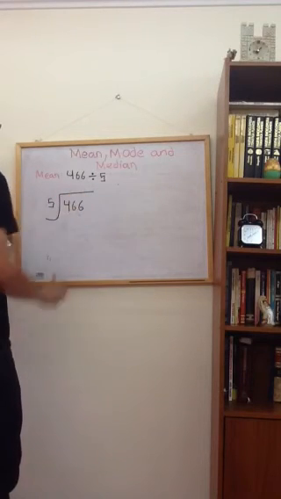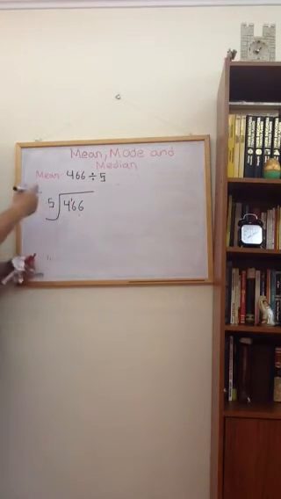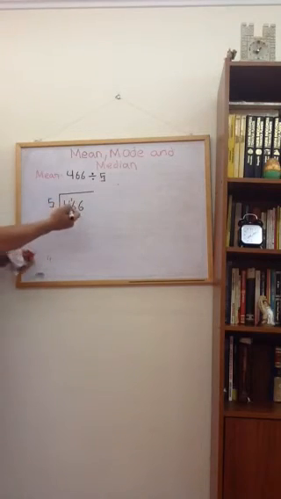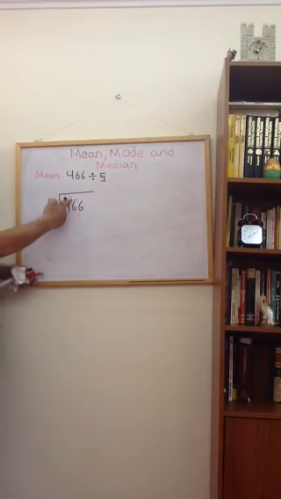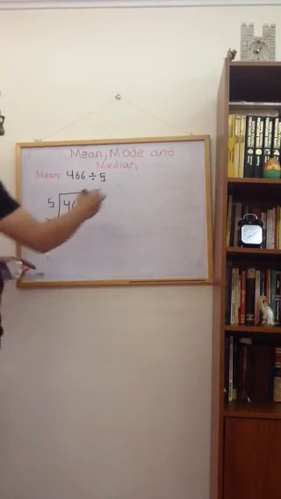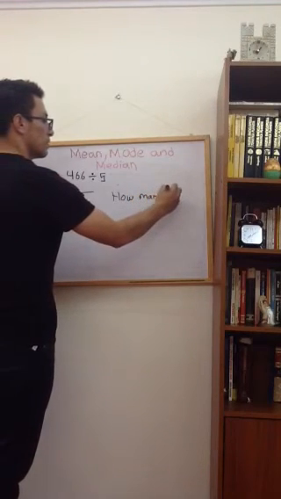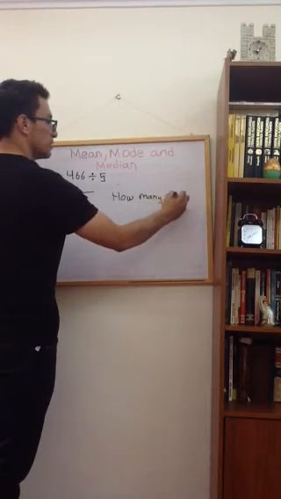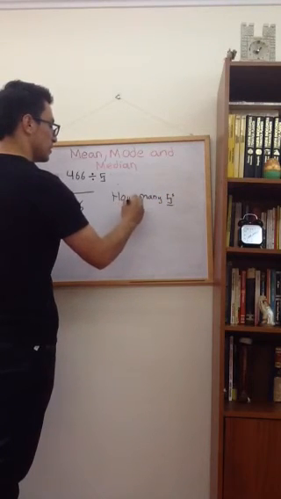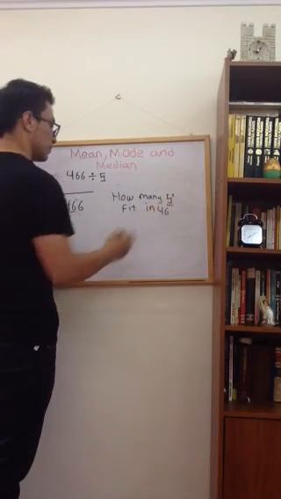divided by 466, correct? The first thing we have to take into account is that 4 over 5 cannot be divided. So in that case, we have to take into account the second digit, which is 6. That means that we are going to divide 46 over 5. We need to guess how many 5s fit in 46, right?